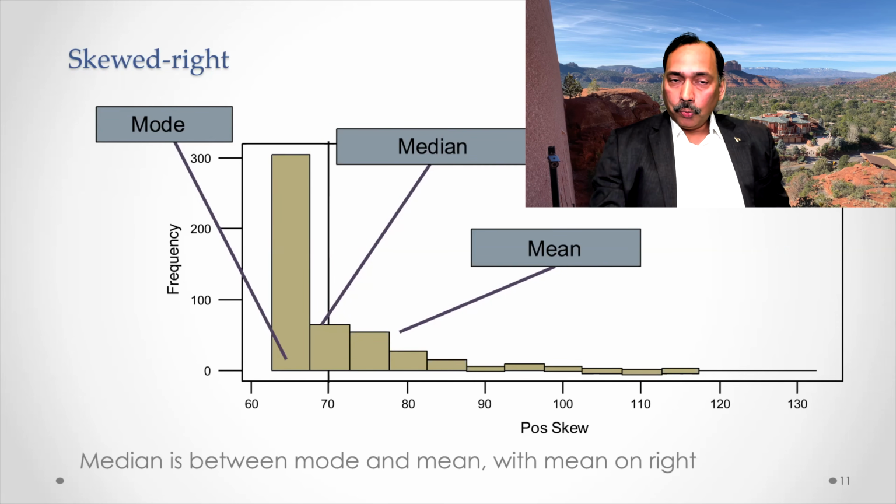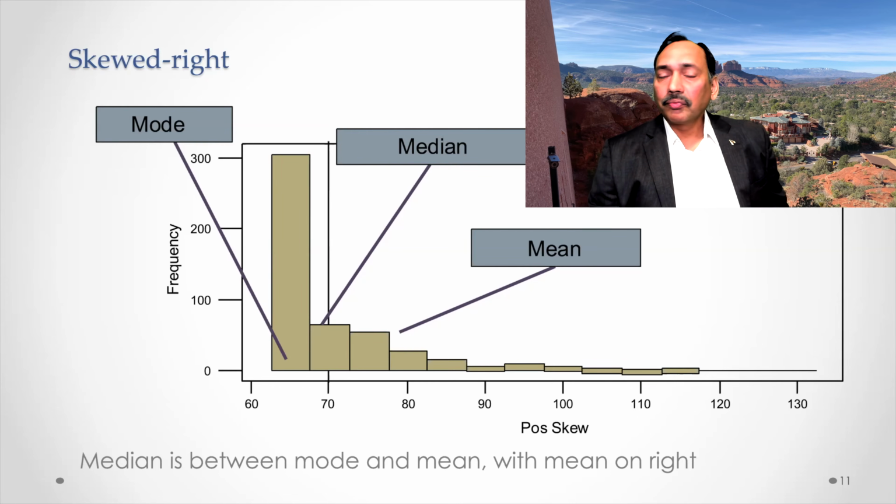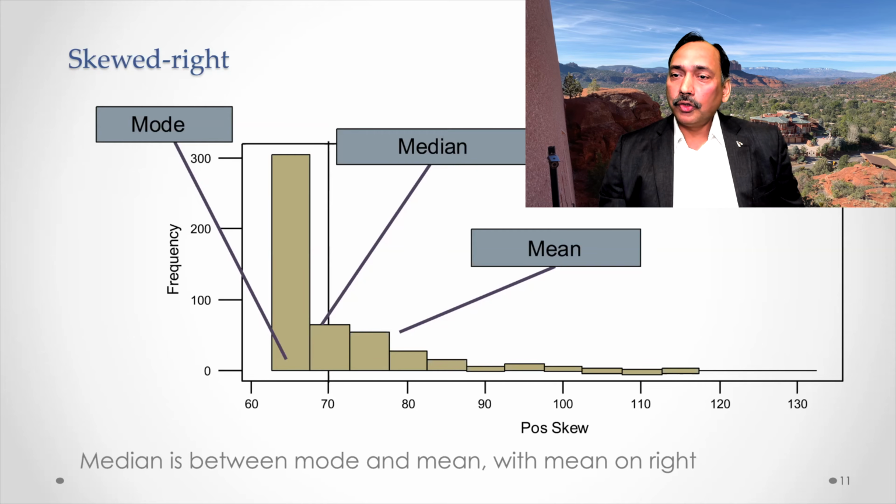Out of these two, left skewed and right skewed, you may come across right skewed patterns more often. This is seen more often, especially when it comes to dollars, income, those kind of situations.